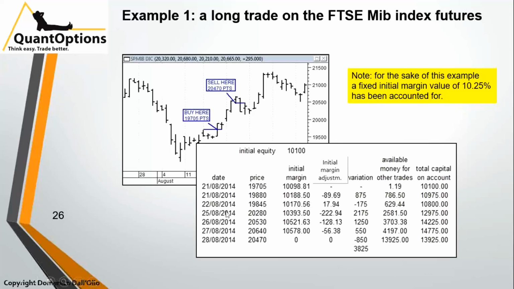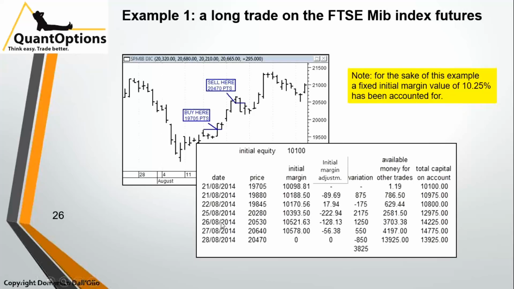One day more. August the 25th, the closing price is 20,280. The initial margin, 20,280 times 5 times 10.25%, is 10,393.50. Another 222 euros and something are taken from my account and put into the margin account as initial margin adjustment. But at the same moment, I have a credit of 2,175 euros due to variation margin.